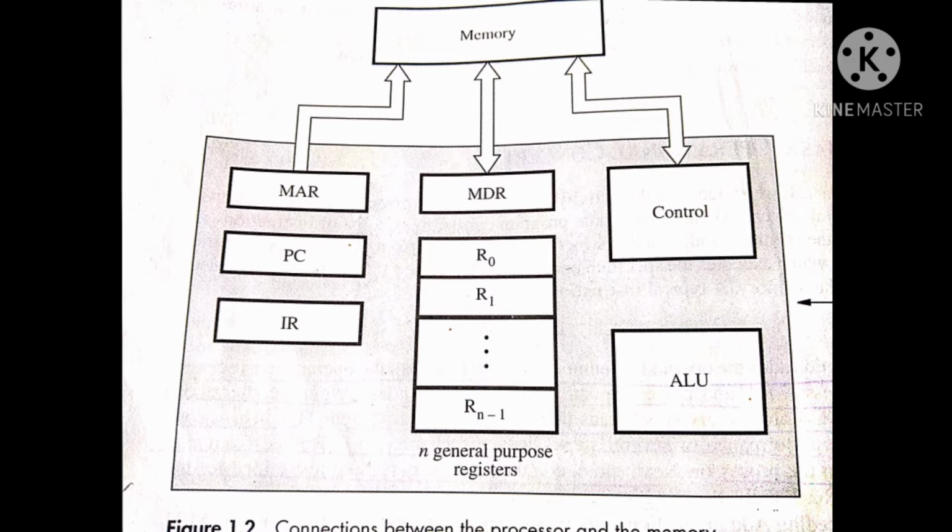Then the output of that particular instruction is available to the control unit, which generates the timing signals that control the various processing elements involved in the execution of the instruction.